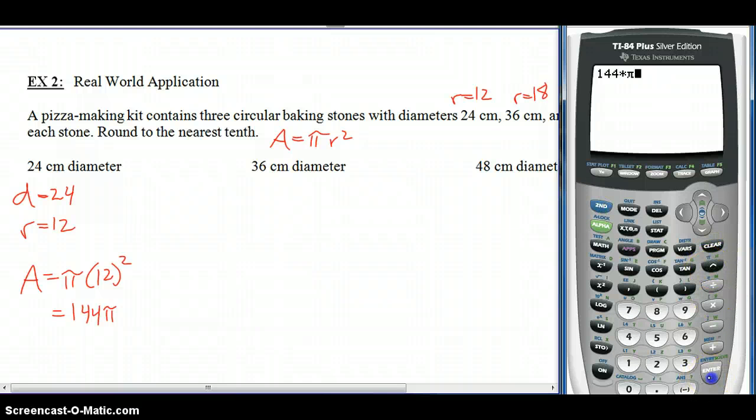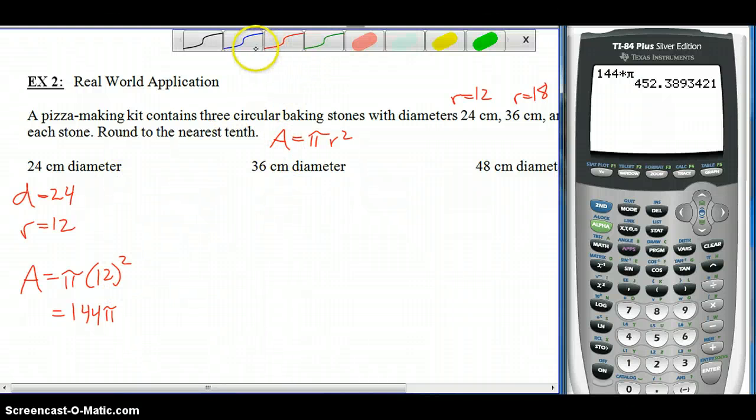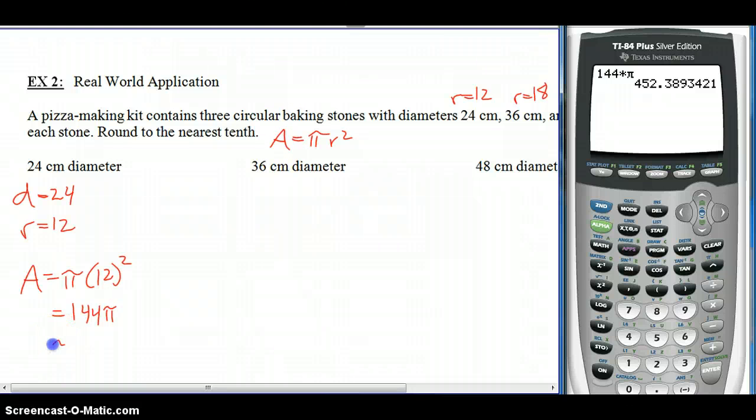Then hit equals. We get 452.389341. So we're told to round to the nearest tenth. So we're going to round our answer to an approximate area of 452.4 square centimeters. That's the smallest baking stone area.